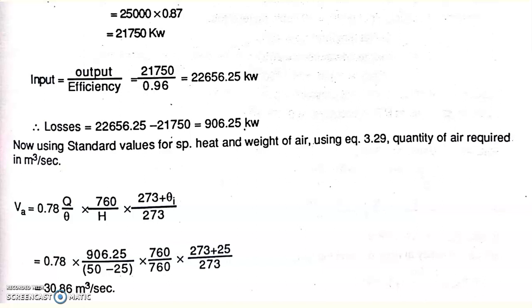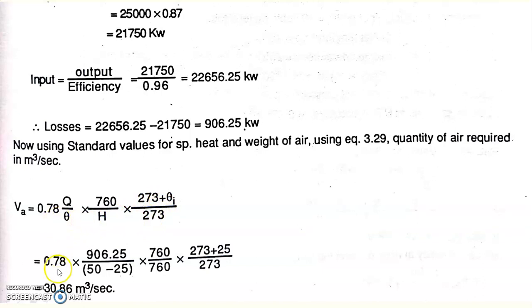Now we are going to use equation 3.29 here, which gives the quantity of air required in meter cube per second. So VA equals 0.78 Q upon theta into 760 upon H into 273 plus theta I upon 273.